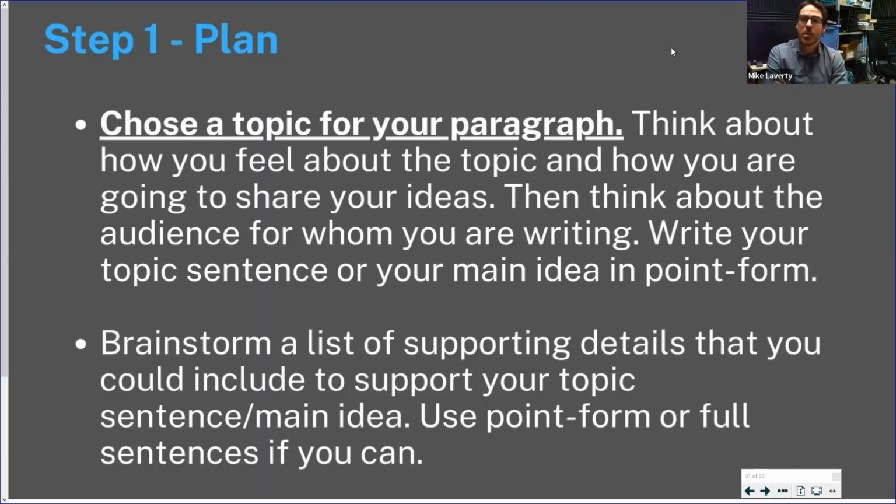I'm just saying that most students, at least the ones that I've taught, they tend to struggle with that, right? So if you want to start on step 2 and just start writing, then by all means do that. But I think you should go back to step 1 too, and plan too, right? After you've written some rough ideas, go back and plan this thing out. It does help. So you need to choose the topic for your paragraph.